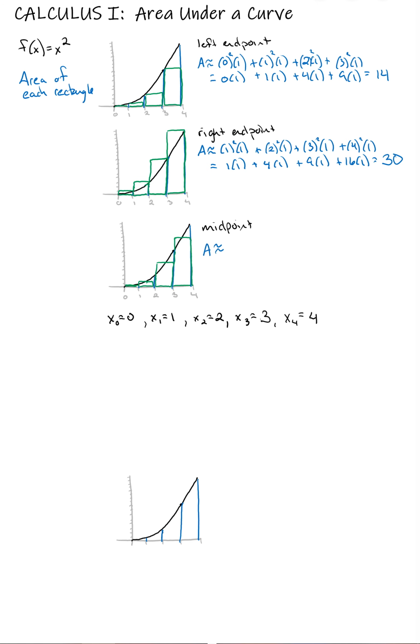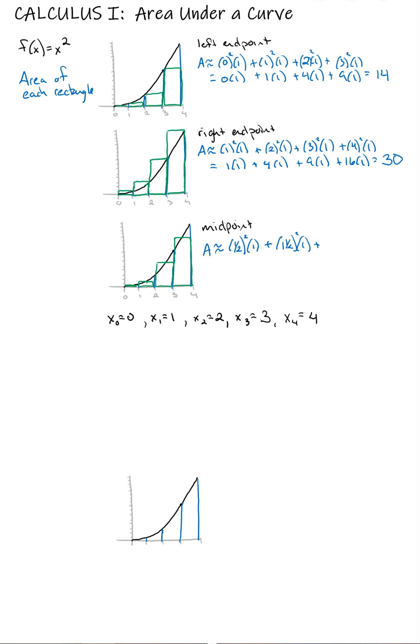This gives us 1/2 squared, and then the width again is 1. Plus, in the next interval, between 1 and 2, the height is 1.5. Square that, gives us the height. And then the width, again, is 1.